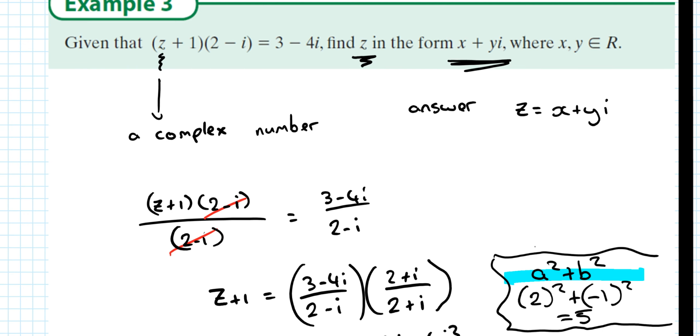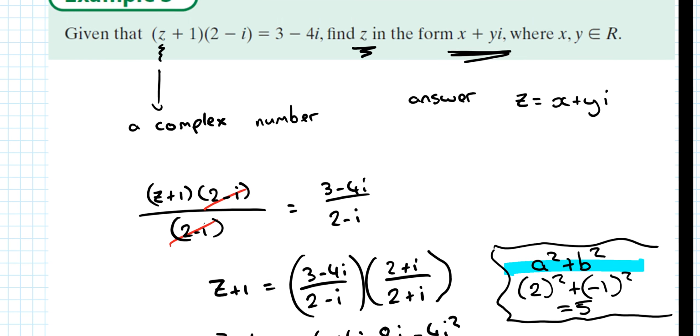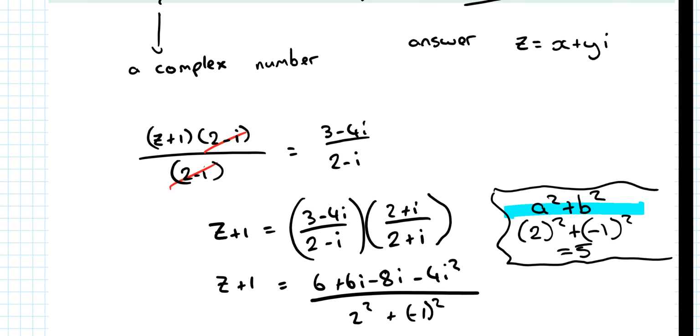Bit of rough work. And the top lines we need to multiply together as well. So how do we multiply the top lines together? Bit of color would be useful. 3 by 2 is 6. 3 by i is not 6i, it is 3i.